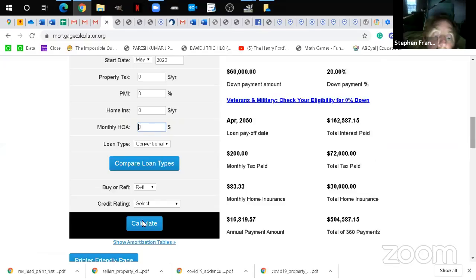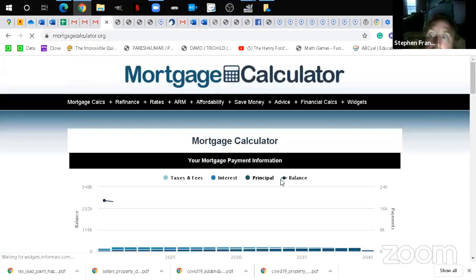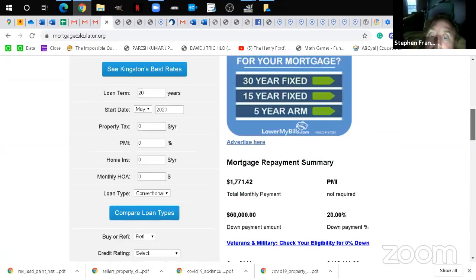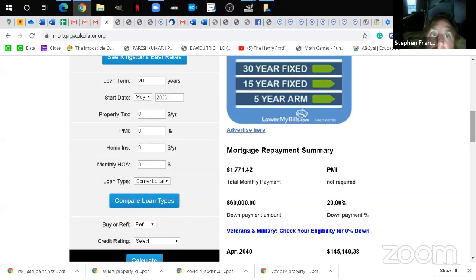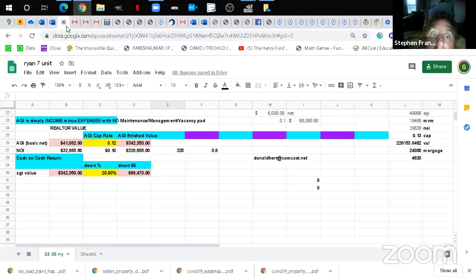What do my numbers look like? So $1,771 a month in mortgage payment. So the AGI value says 342,000 at 12%. The down is 68,000.